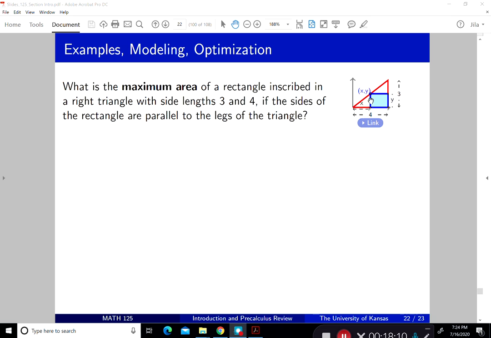But we have to find a way to relate this length to that length, and then solve for y or x in terms of the other, and that way the function is going to be only a function of one variable.